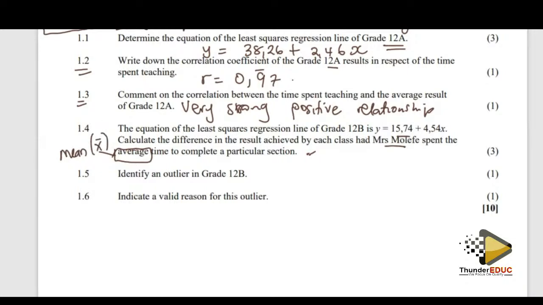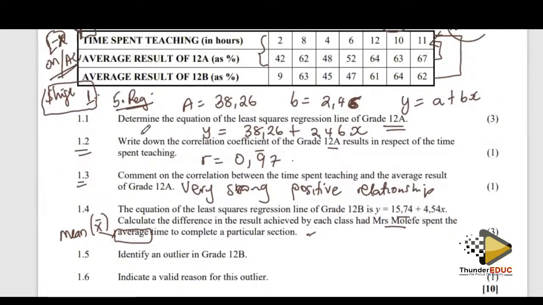So if we go back to our table, we go back to the table that we were given. We have 2, 8, 4, 6, 12, and so on. Let's quickly get the mean for those values. So it's 2 plus 8 plus 4 plus 6 plus 12 plus 10 and then plus 11.